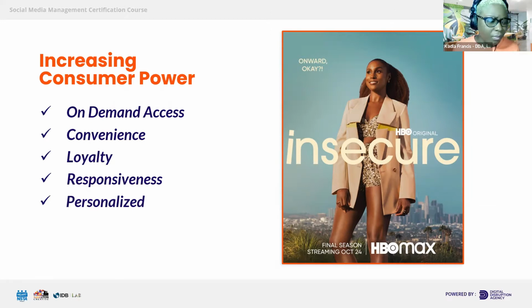Another thing with consumer power being on the increase is that they're now demanding more personalized messaging, meaning no longer can you, first of all, there was never a market segment called anybody or everybody. That was never the case. However, if you had enough money, you could saturate the market with your marketing, and so everybody would be reached.